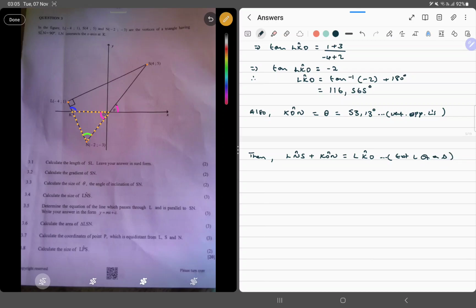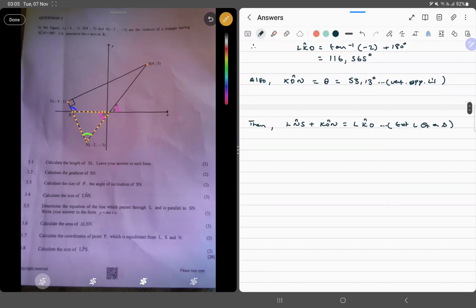Again, we stated which triangle we are talking about. And then let us sort it out finally. This implies that our LNS plus this 53,13 degrees is equal to 116,565 degrees.